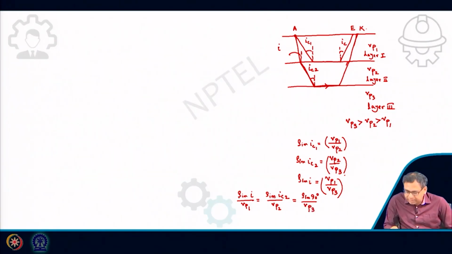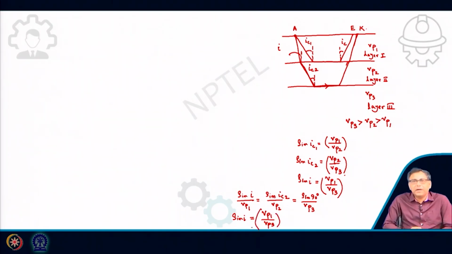So, sin I divided by VP1 is equal to sin IC2 by VP2, equal to 1 by VP3. So, from here I get sin I as VP1 by VP3. Similarly, sin IC2 will be VP2 by VP3.